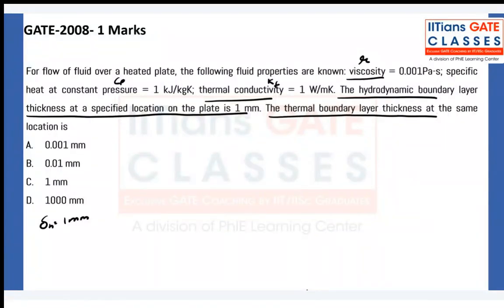Do you remember Prandtl gave you one relation? What was that relation? Thermal boundary layer by hydrodynamic boundary layer is equal to 1.026 Prandtl number to the power minus 1 by 3. Yes, that is right. So Prandtl number you can calculate.